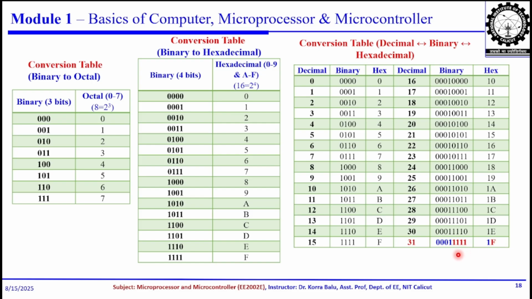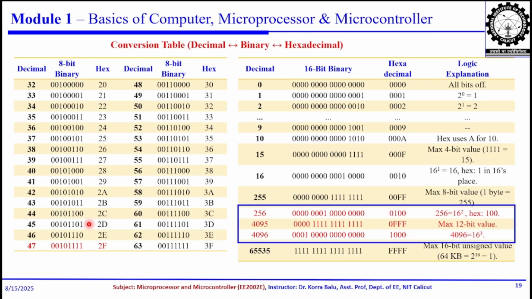After that, we change the locations in terms of hexadecimal or decimal. Then you see here, for decimal number 47, how we represent it in 8-bit binary, that is 2F.